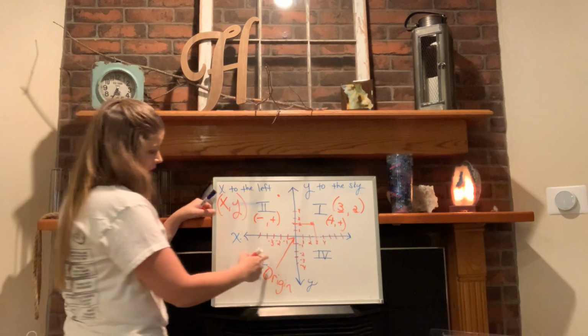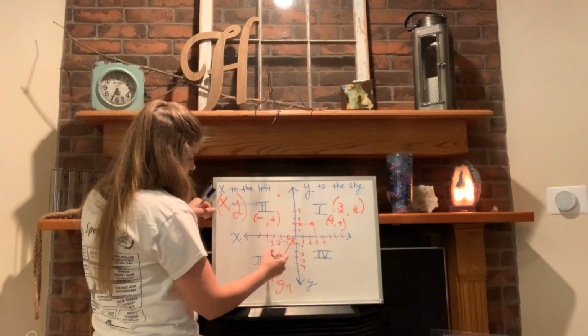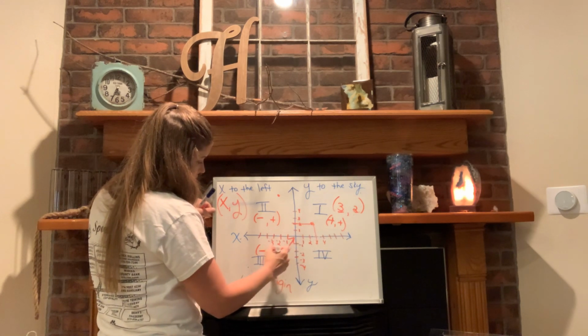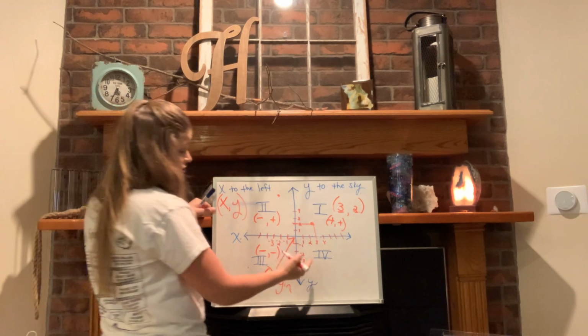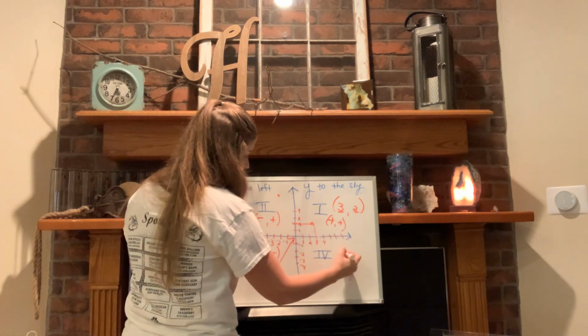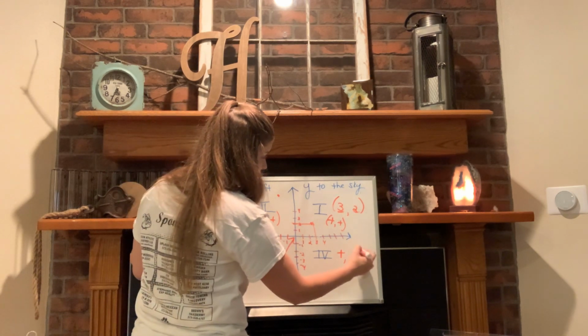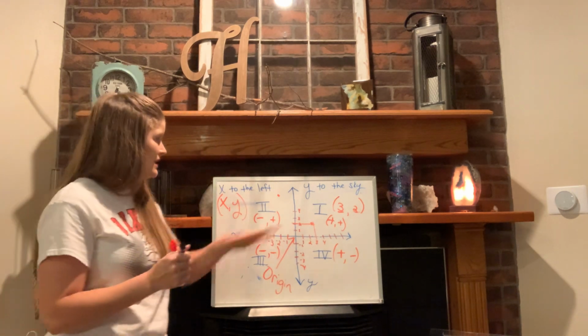Third quadrant, your x is first, and it's in your negative numbers. Your y is also negative. Your fourth quadrant, x first, x would be positive, y negative. You will always have those combinations in those quadrants.